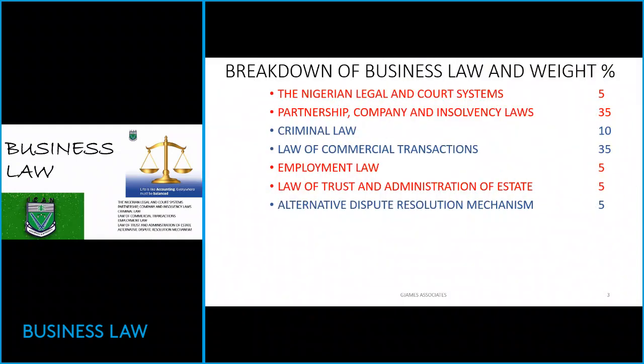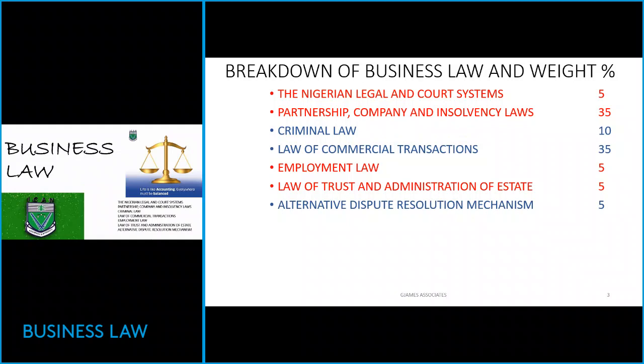So the breakdown of business law and the weight it carries in the syllabus is as follows. The Nigerian legal system and the court system is 5% of the syllabus. Partnership, company, and insolvency law 35% of the syllabus. Criminal law 10% of the syllabus.